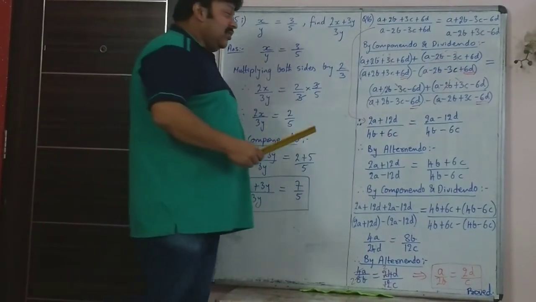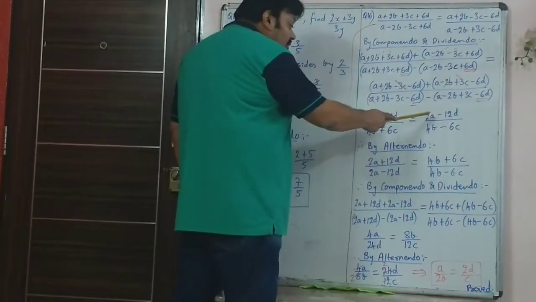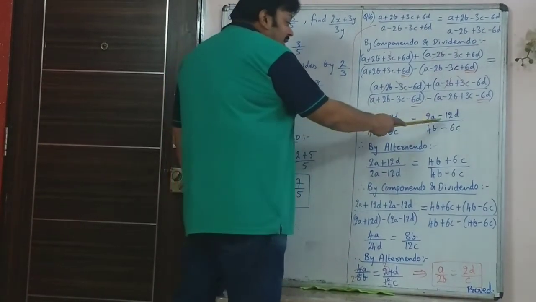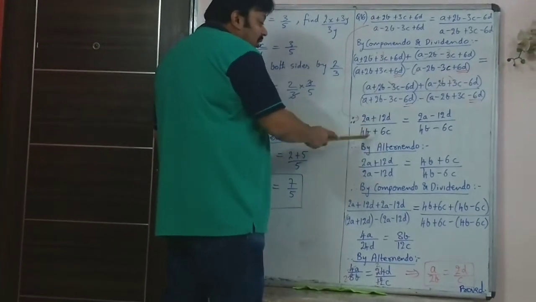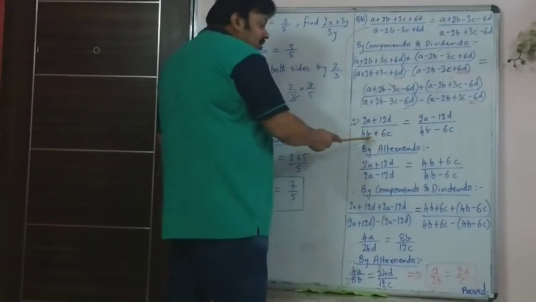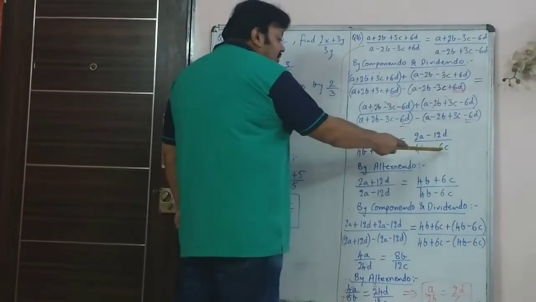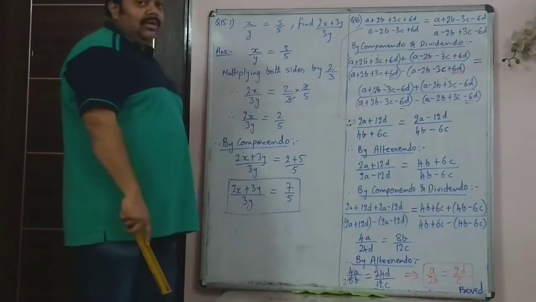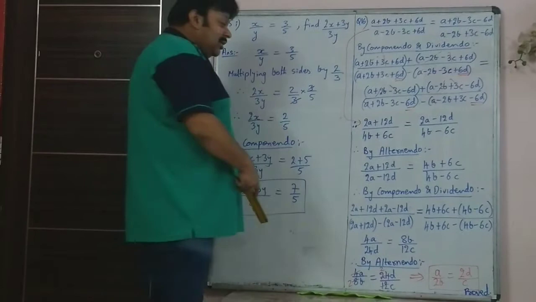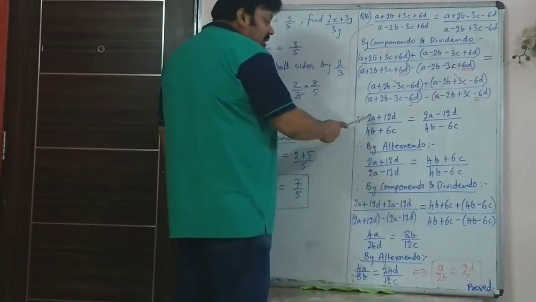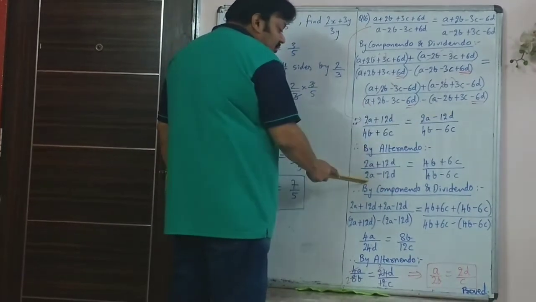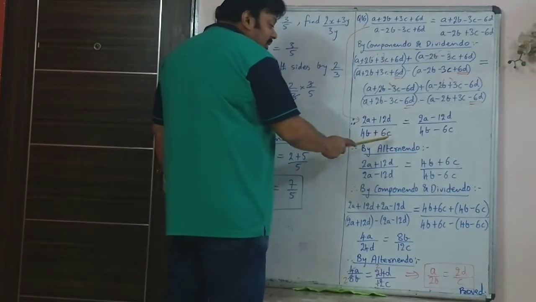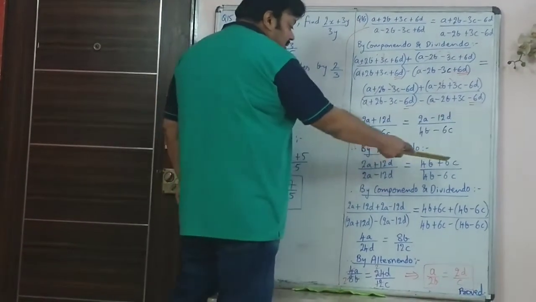So first thing you have to know is, you have to do an alternando, so that A and D come on the same side as the numerators A and D. And B and C will be pushed there with the B and C. So after I pair it in the correct order, by doing an alternando, I have shifted 2a minus 12d here, and 4b plus 3c has gone there.